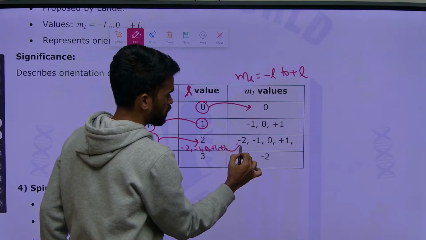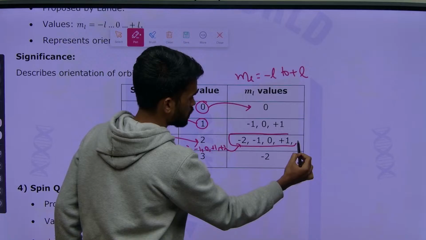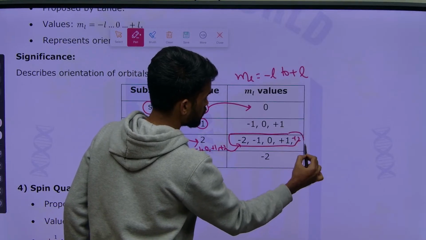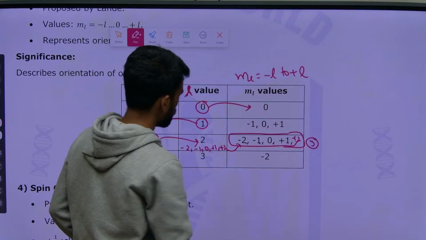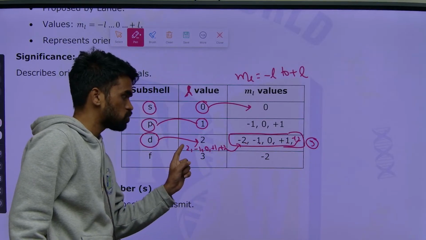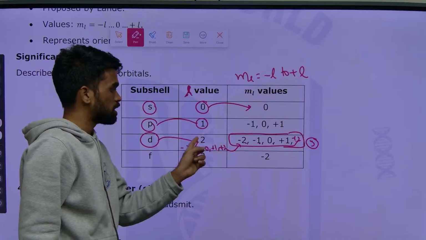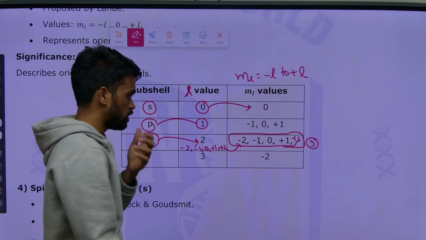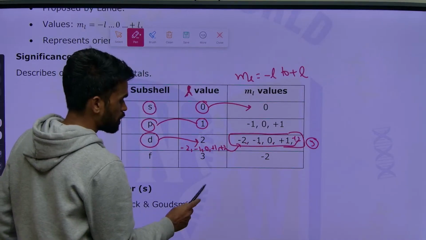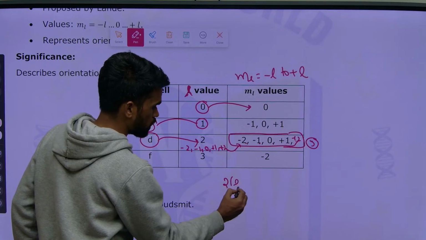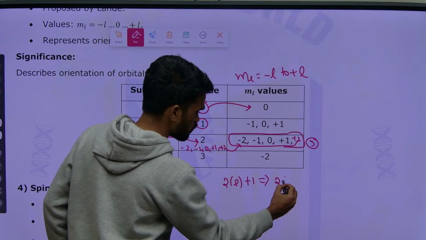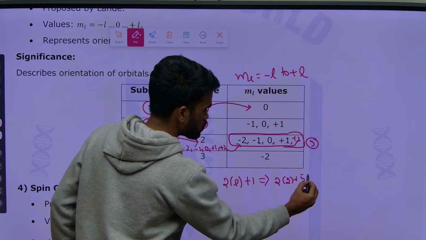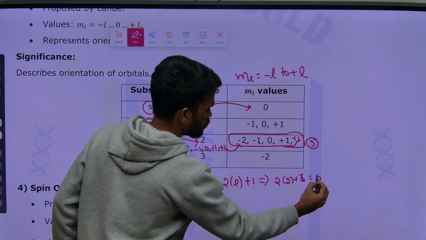So that is why we got these numbers here. How many are there? 1, 2, 3, 4, 5. So 5. How did we get this 5? Because it is varying from minus 2 to plus 2. These are nothing but each orbital indication. For example, the number of orbitals equals 2L plus 1, which is 2 times 2 plus 1, 5.